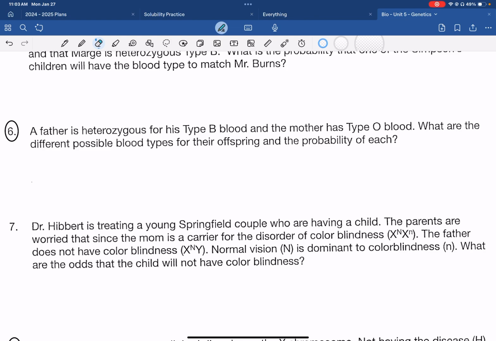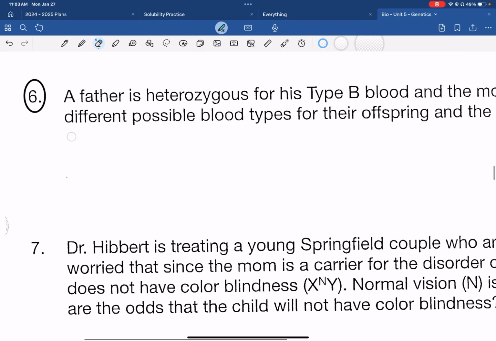So if I receive just A's, I'm going to have blood type A. If I receive just B's, I'm going to have blood type B. If I receive A and B, I will have blood type AB. And we'll also look at blood type O. But the first thing I want to do is go over the possible blood types.